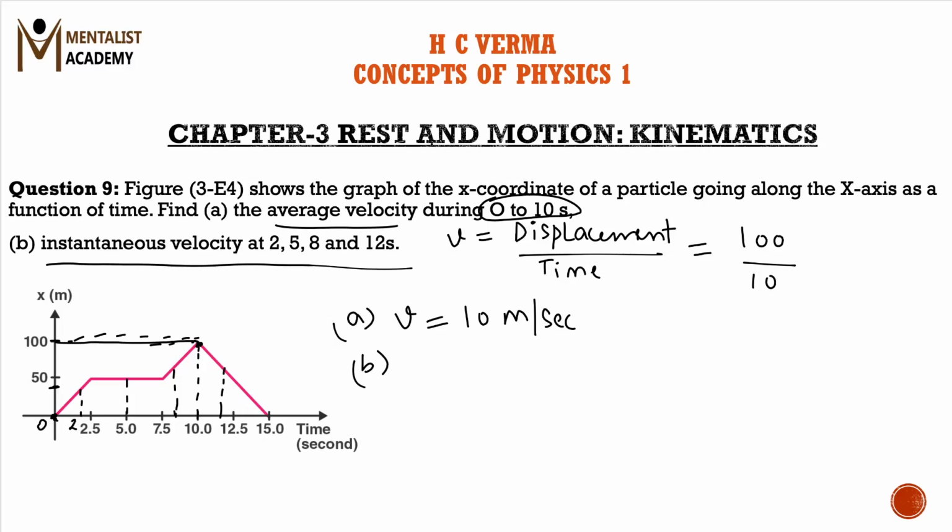So as from the graph we can see that the particle at 0 is at 0 and at 2.5 seconds the particle is at 50. Therefore the particle moves 50 meters in 2.5 seconds.